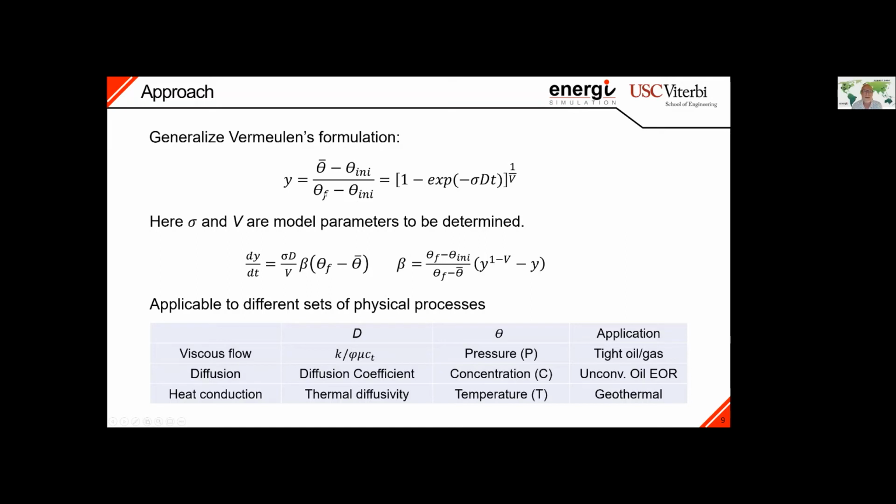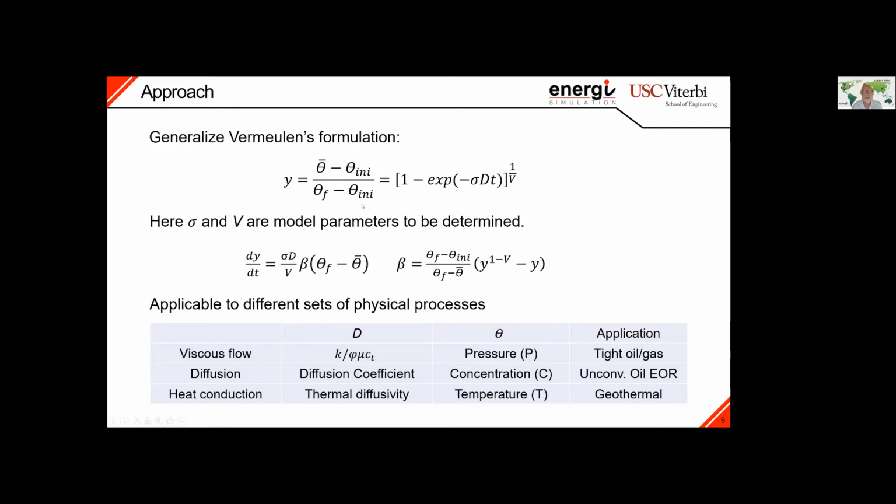Y is the normalized change in the average property that we're interested in representing inside the matrix segment. And we have sigma D here, which is 1 over the characteristic time, so it's a function of the dimensionless time only. Okay? Now, sigma, which is our shape factor, and v, which is a model parameter, have to be determined based on the geometry of interest to us.